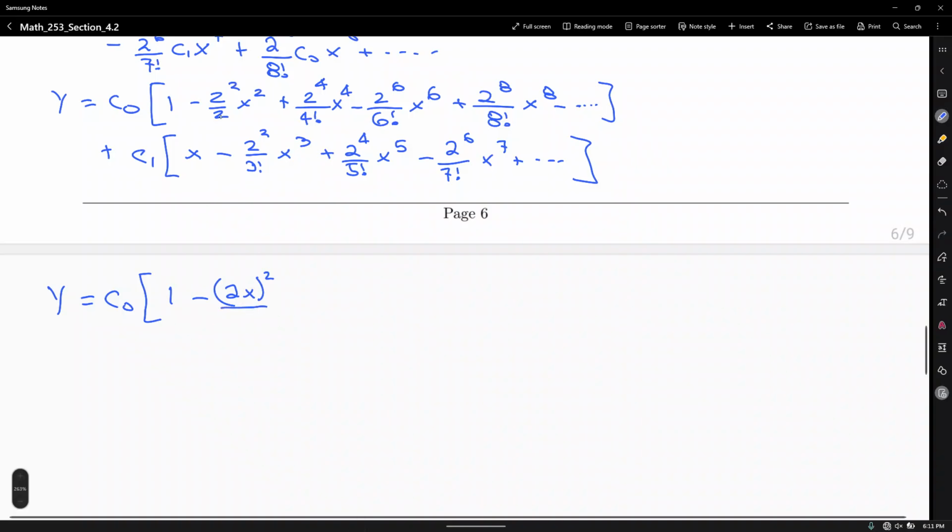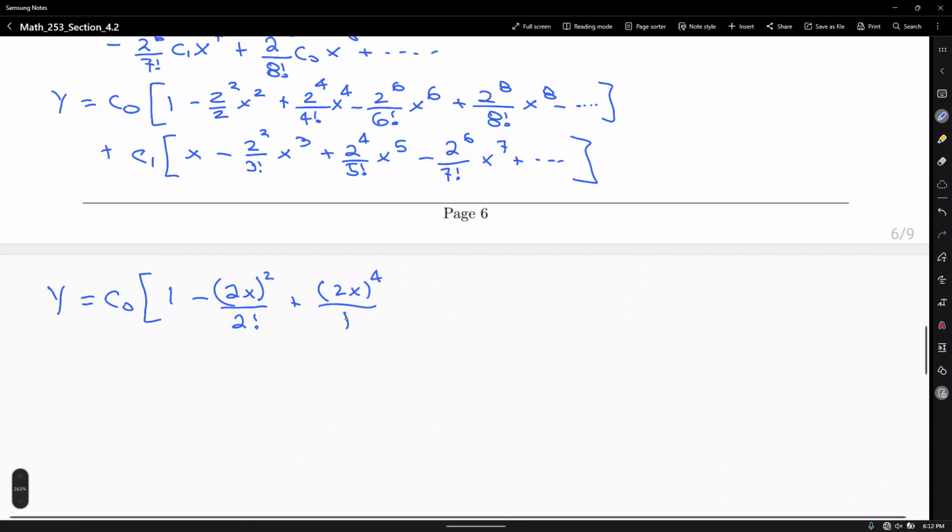And also, do you agree that the number 2 itself is the same as saying 2 factorial? It's just a fancy way to say 2, but we need the fancy way because we want a pattern. And then plus 2 to the 4, x to the 4, that's the same as 2x quantity to the 4 power by laws of exponents.